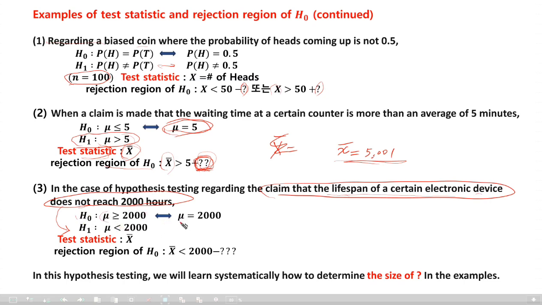But you may use mu just equal to 2,000, for simplicity. The test statistic is what? We test a hypothesis about mu, so the test statistic is x bar. The rejection region of H0 will be x bar less than 2,000 minus triple question mark. We have to determine this triple question mark value, okay?